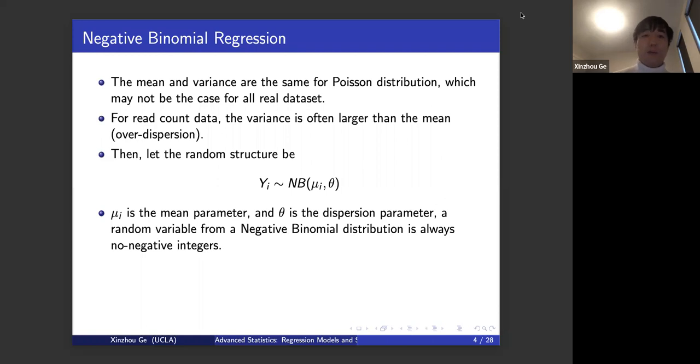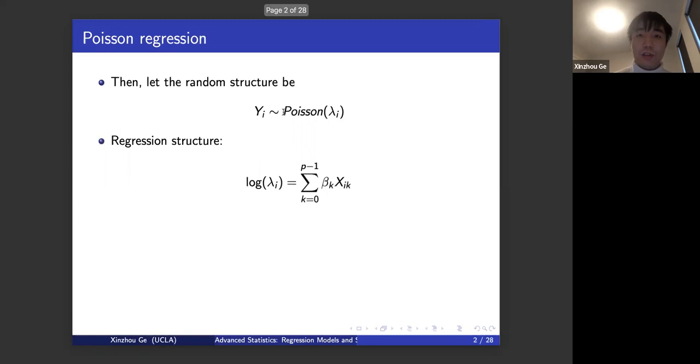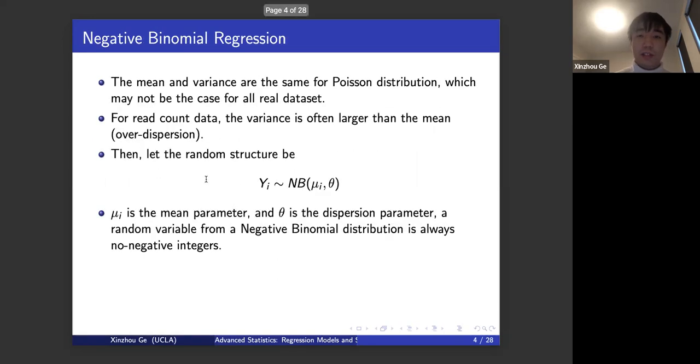So here we change the format from yi follows a Poisson distribution into this format. That is, yi follows a negative binomial distribution with mean equals to mu i, and we have an extra theta, which is a dispersion parameter. This parameter will describe how the variance is larger compared to the mean.